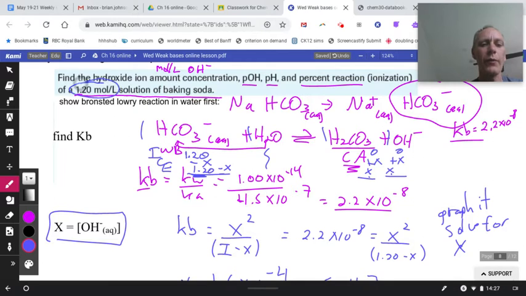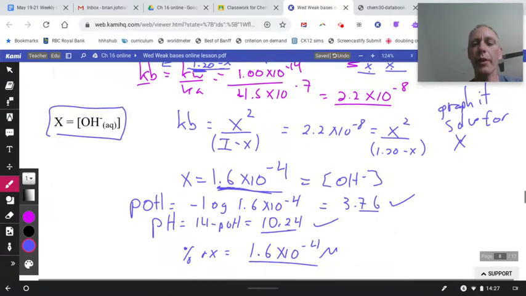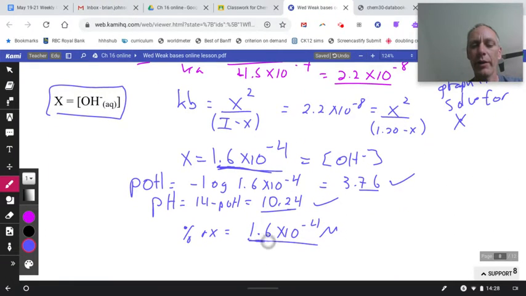So if we had 100% reaction, we'd get 1.2 moles per liter of product. We didn't. We only got 1.6 times 10 to the minus 4 out of a possible 1.20 moles per liter. Then we need to turn it into a percentage, so times it by 100%.